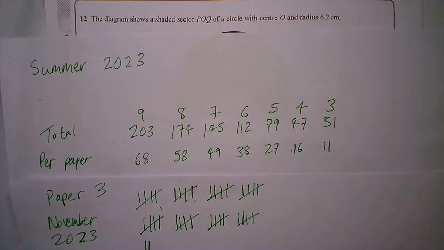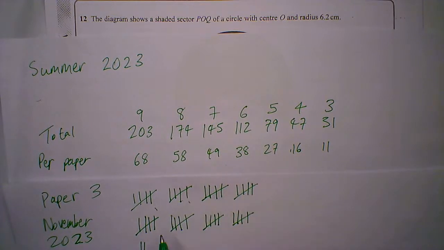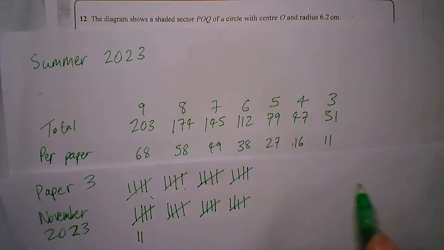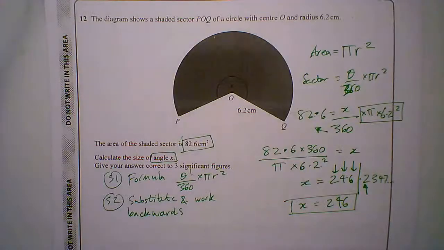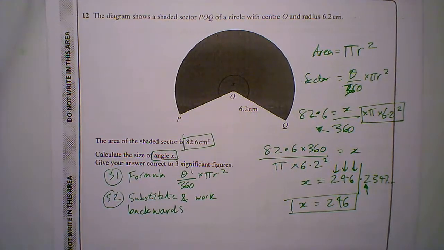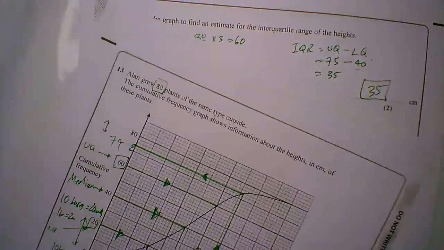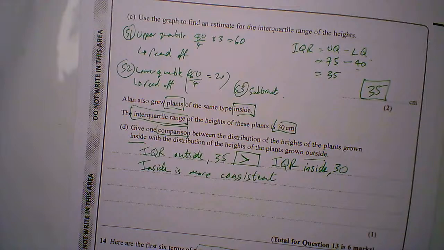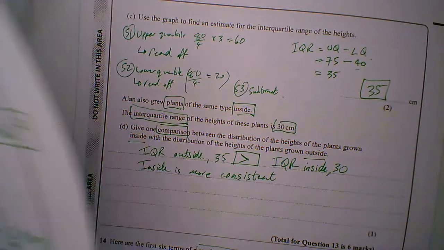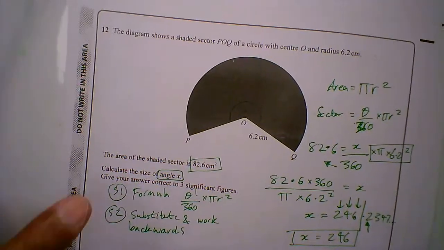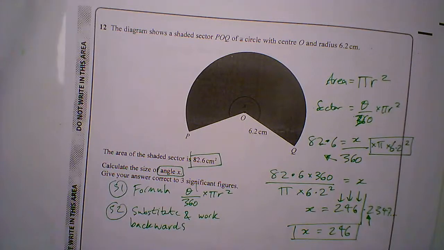1, 2. So we're on 5, 10, 15, 20, 25, 30, 35, 40, 42 marks. So we are 7 marks from a grade 7. Question number 13 we did previously. Actually, before I go through that, this has a 50-50 chance it could come up in paper 2 or paper 3.